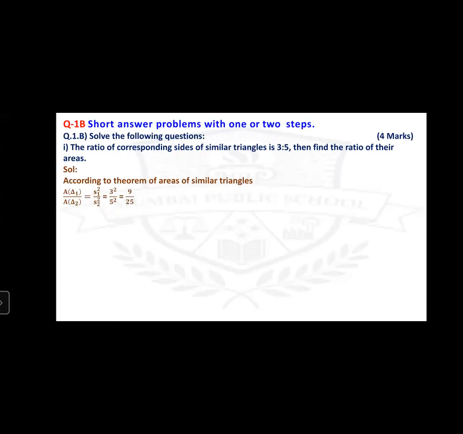The ratio of areas of 2 similar triangles is always equal to the square of the ratio of their corresponding sides. So S1 square upon S2 square. Their ratio is 3:5. So 3 square upon 5 square. Square of 3 is 9 and 5 square is 25. So, a very simple 2-step solution. Therefore we write the ratio of areas of triangles is equal to 9:25.